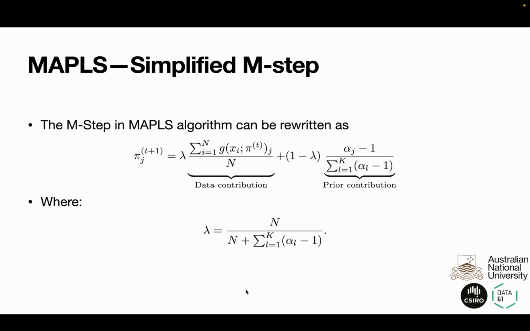The hyperparameter lambda determines the relative weight between the two terms. When lambda equals 1, no prior information is used, and our MapLS algorithm will converge to the maximum likelihood estimate of pi. On the other hand, when lambda equals 0, our MapLS model will converge to the pi that is fully determined by our Dirichlet prior.